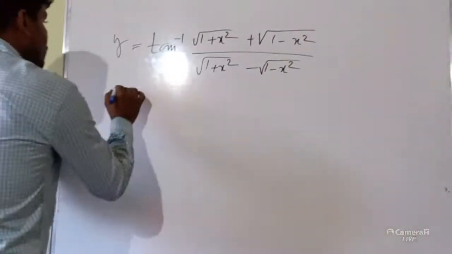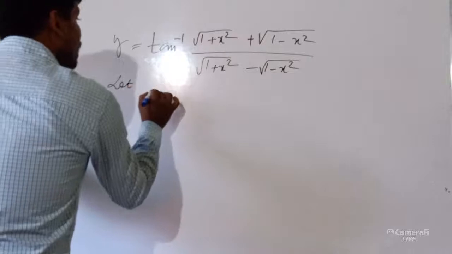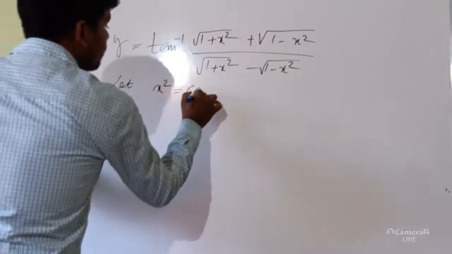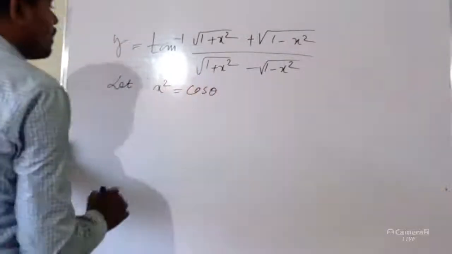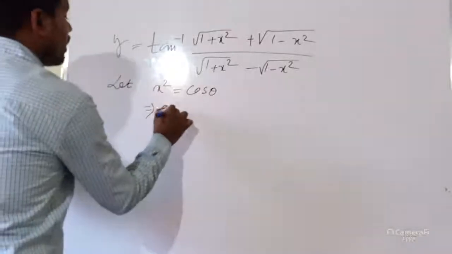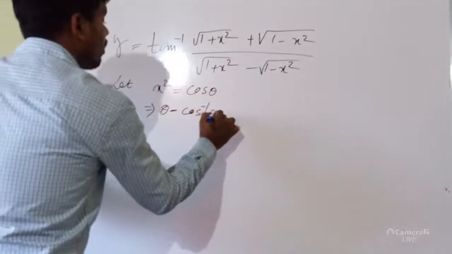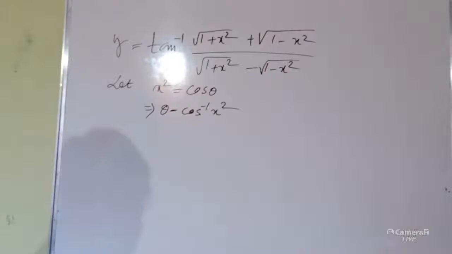Then let x square equal cos theta. Then theta equals cos inverse x square.